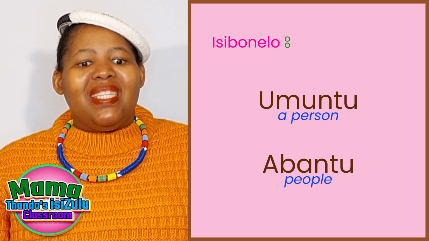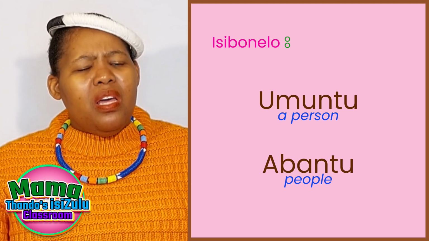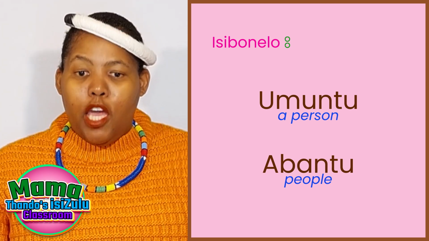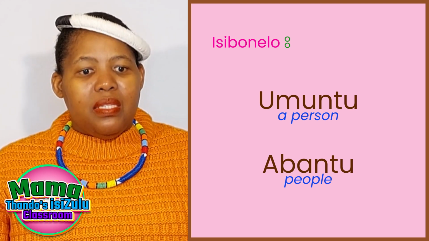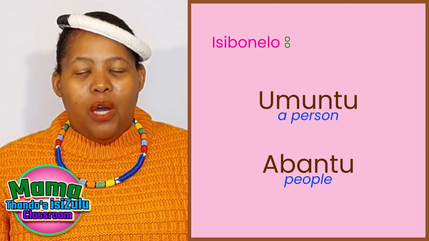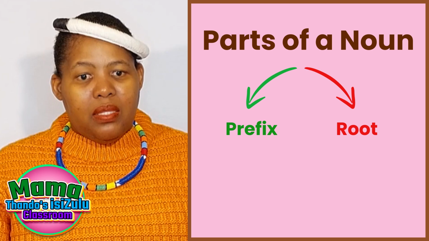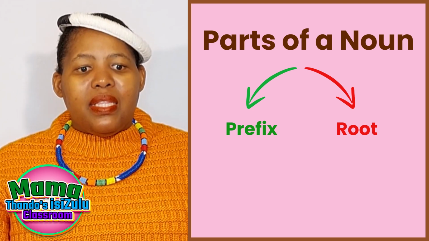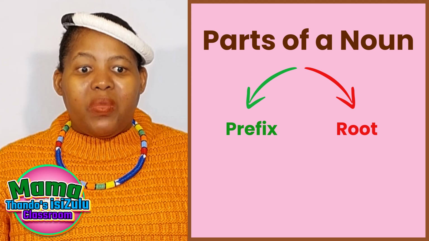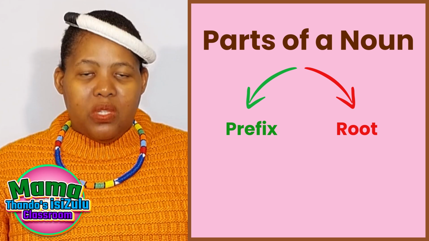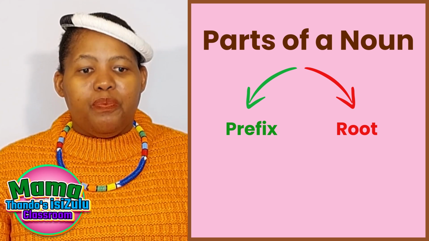Yeah, mngani. Now, let's learn the correct vocabulary for all these terms in isiZulu. A noun has two parts. In English, those parts are a prefix and a root of the noun.